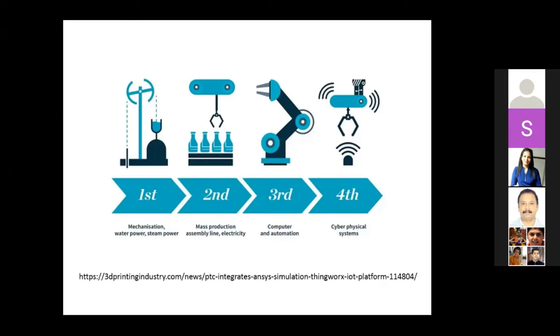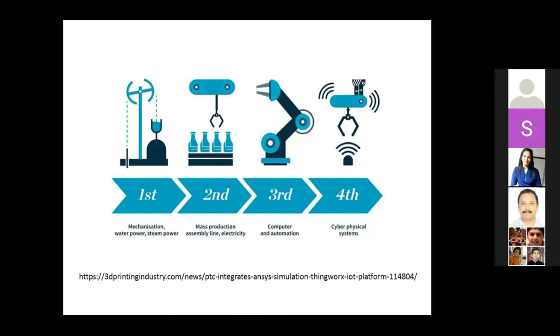Those who are not aware, you can see this is the progression of revolution: first, second, third, and fourth. In the first revolution, mechanization, water power and steam power impacted that era. Then mass production, assembly line and electricity came in the second, and in the third, computers and automation.